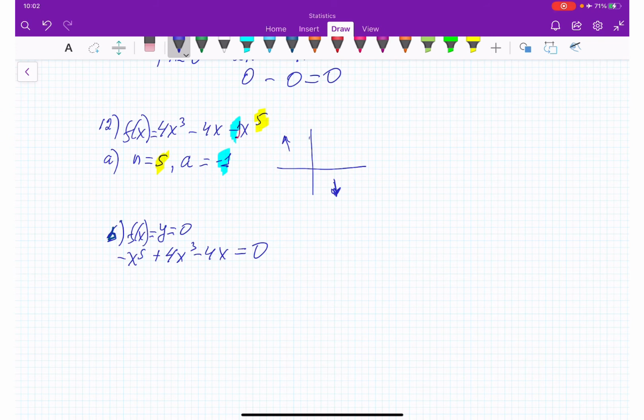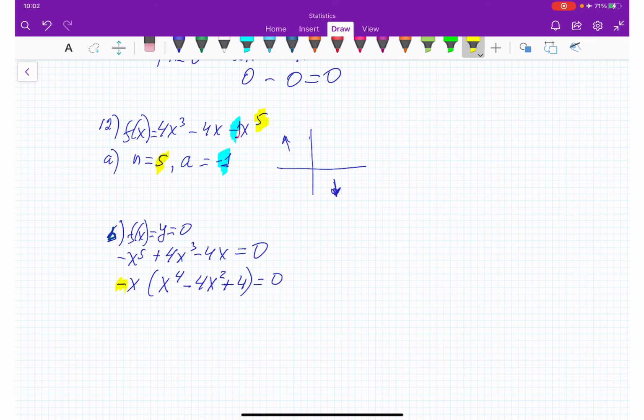I can take, let me see, negative x out. I don't want the highest degree to stay negative. All right. So it is going to be negative x I'm taking out. I will have x to the 4th minus 4x squared and then plus 4. See, I flipped every single time the sign in parentheses because I took the negative sign out.